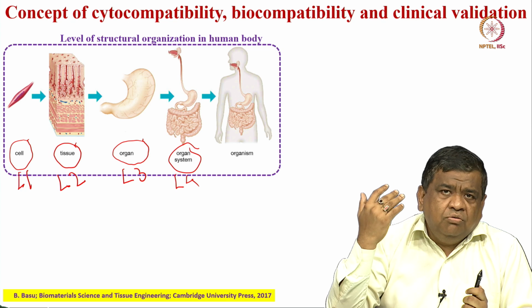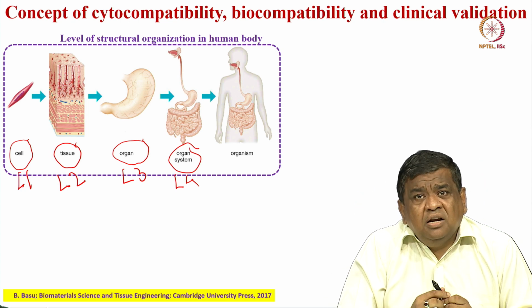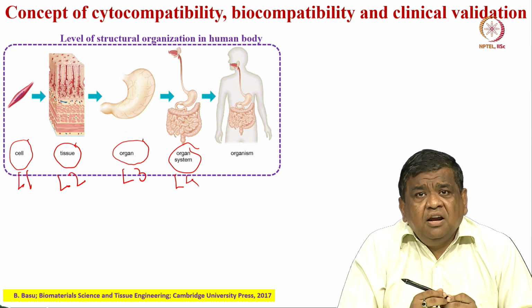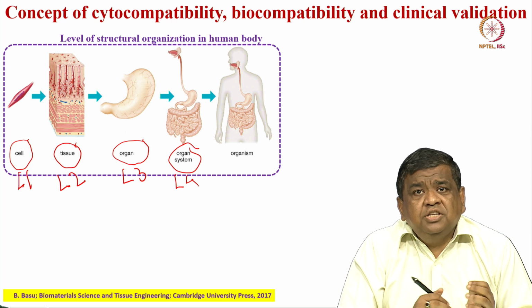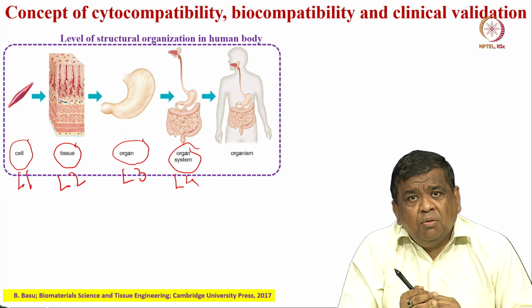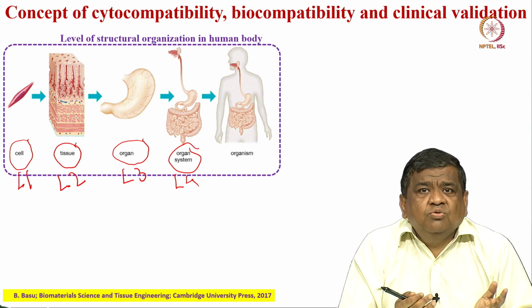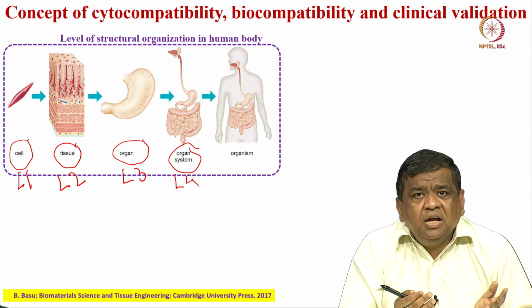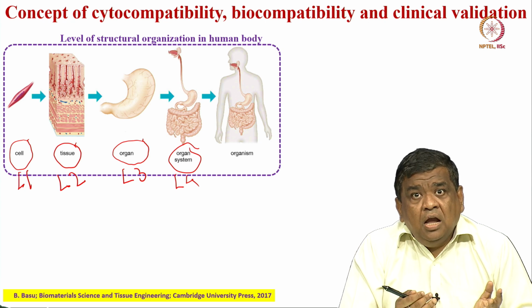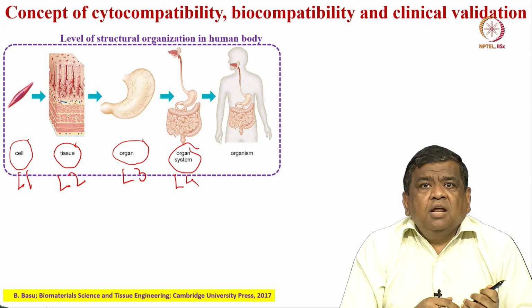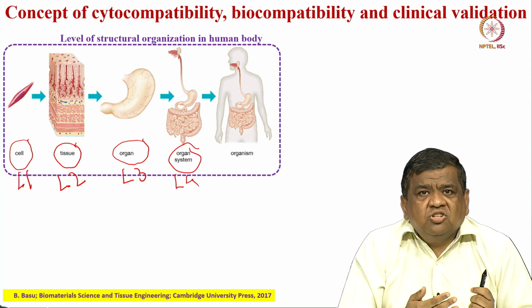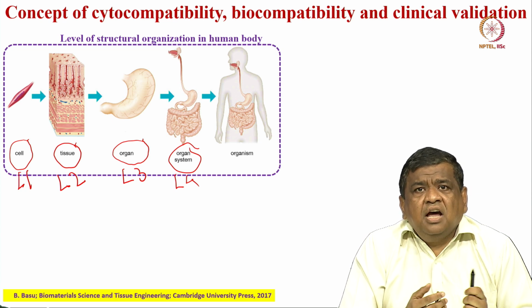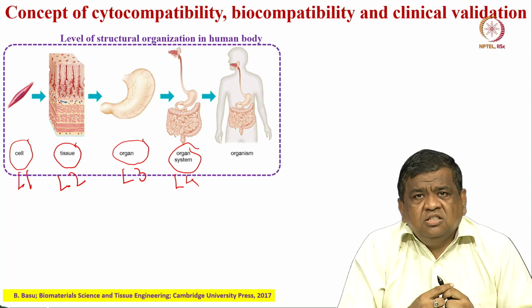And as I will explain to you later, whenever we develop any kind of synthetic materials which are processed outside the human body, for example by using 3D printing or biofabrication processes, it must go through animal study. And one of the animal models that people use most extensively is the mouse or rat.